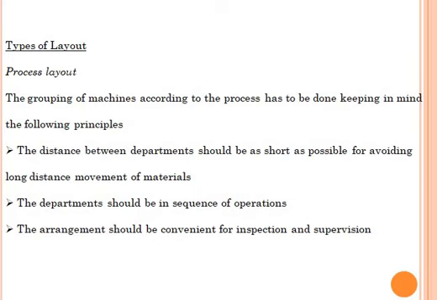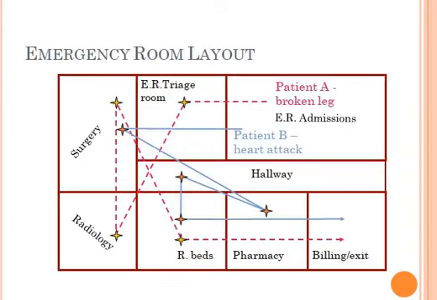And I need to keep the arrangement as convenient as possible for inspection and supervision. Let's look at this example, which is related to emergency room layout. As we agreed, in the process layout I'm not following the sequence for one single product, and the case applies also for services, because each client that comes for service will not have the same order.